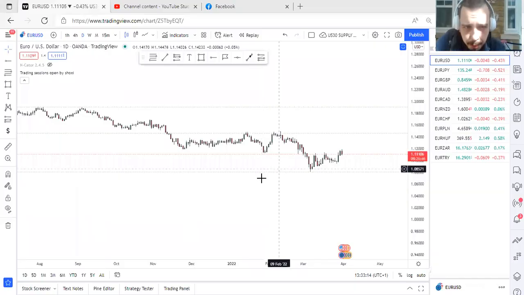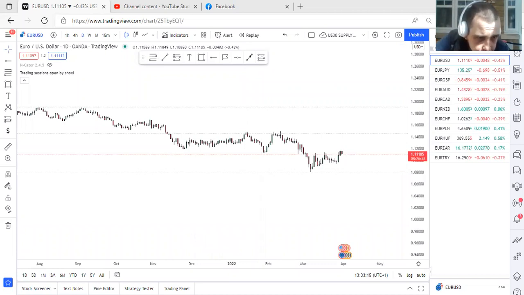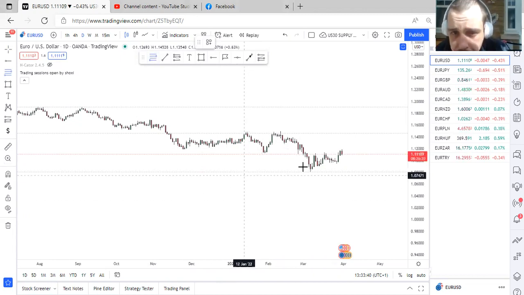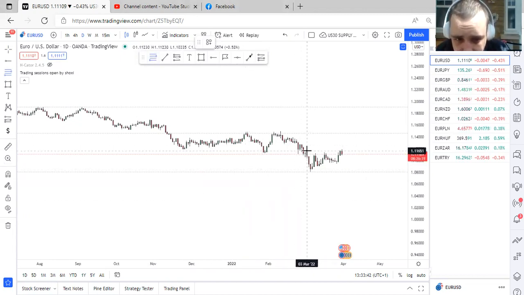Right, so I do have this here, just a little checklist I do from the beginning. So I want to go into the day view, get a fib on. I want to find 1st of March.